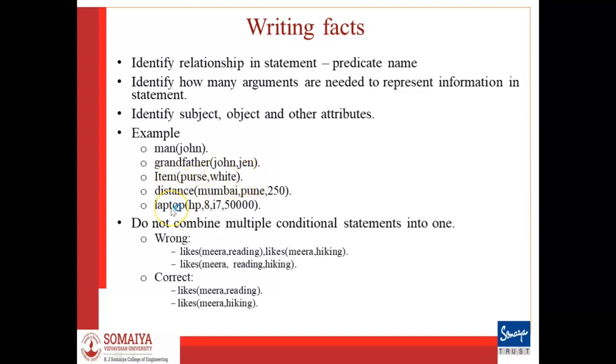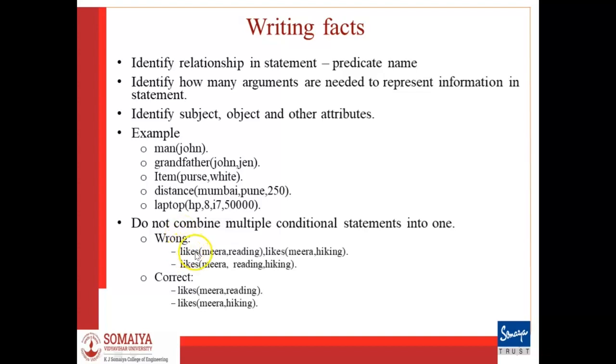Here is information about a gadget: the laptop, the model, RAM, processor, price, etc. So these examples express that the number of arguments depends on the information expressed in the statement, and sometimes the statement might have some information which is extra and might not be part of the fact or rule whenever it's written. Here are certain guidelines.